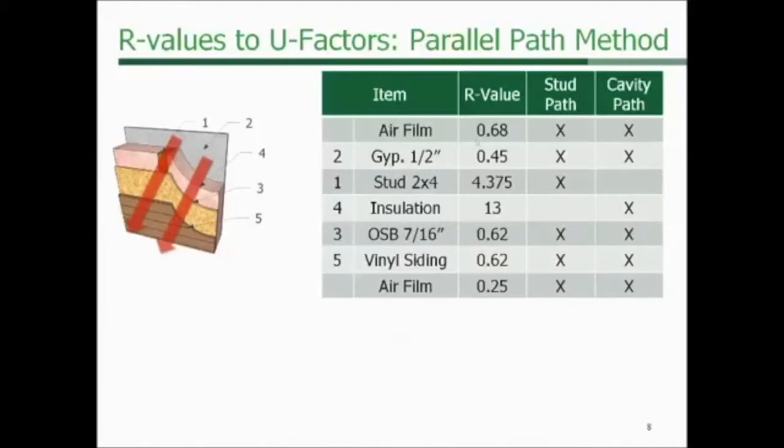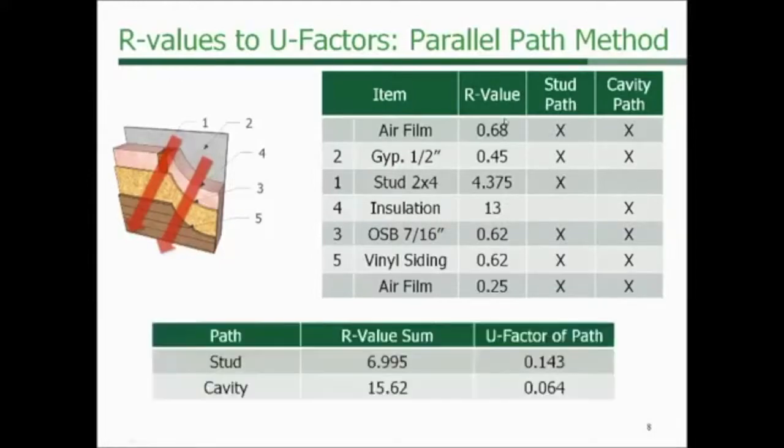And what you do is sum the R values in each of those paths. So for the stud path, I sum up all the ones that the heat would have to go through. It doesn't go through the insulation, but it does go through the stud, and its R value sum is just about R7.